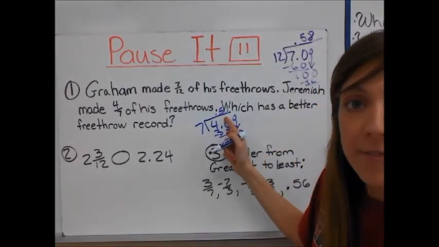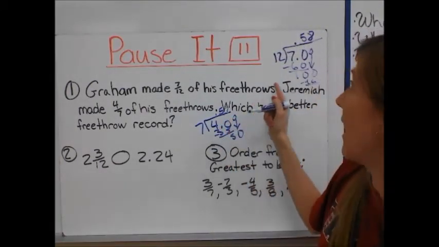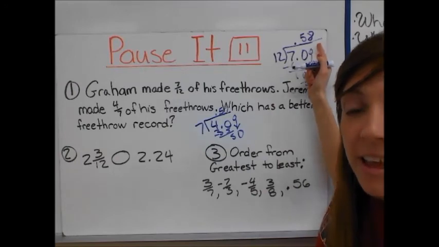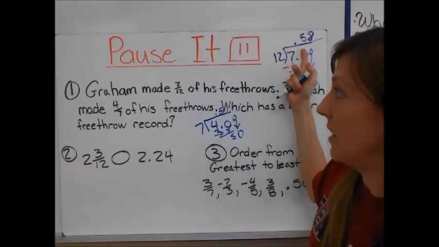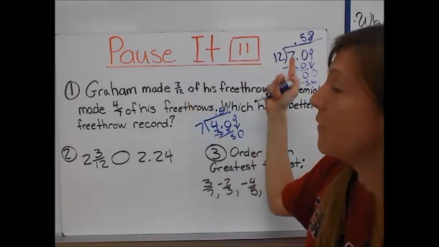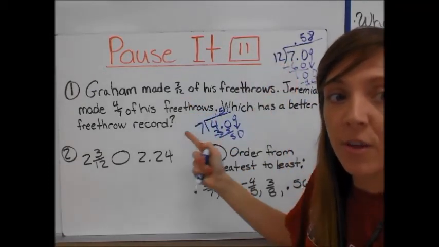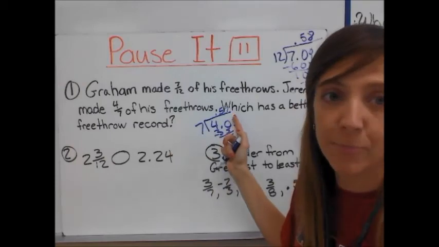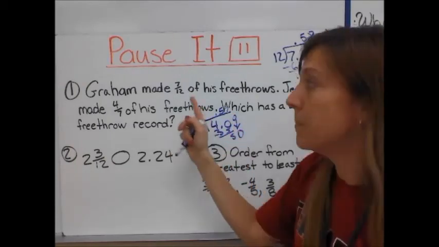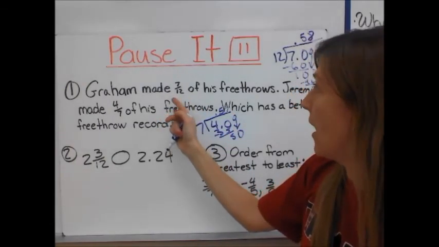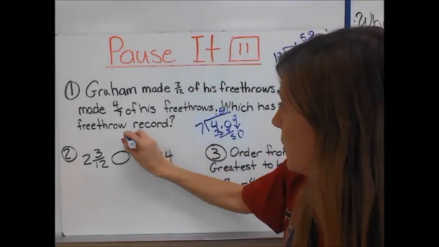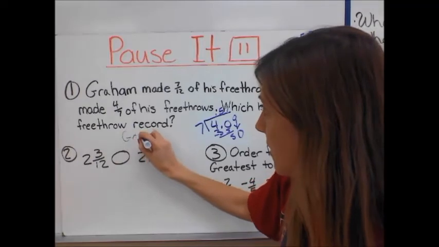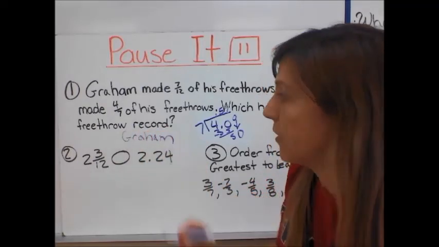So I have 0.57 here, and I have 0.58 here. If I change these decimals into percents, this would be 58%. So Graham made 58% of his free throws, while Maya made 57%. They're both very close, but Graham's free throw record is a little bit higher. Graham has the greater free throw record.